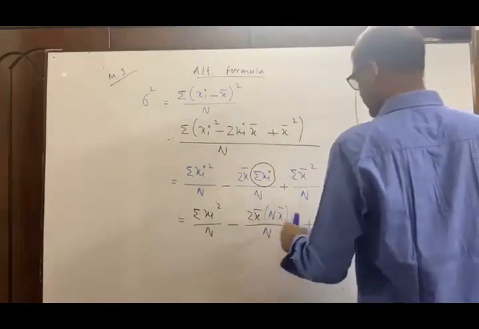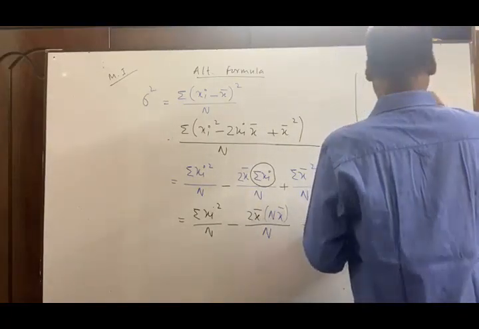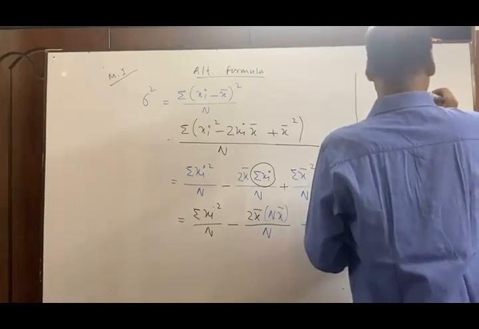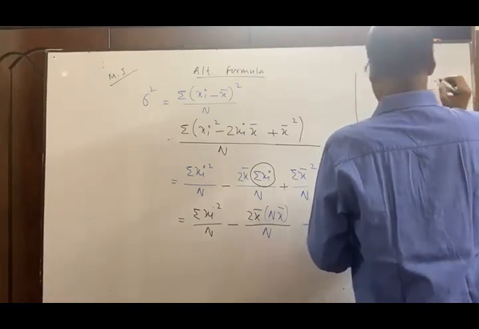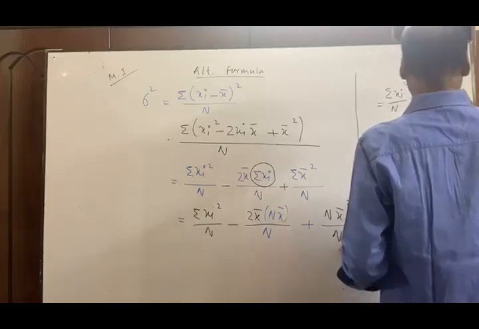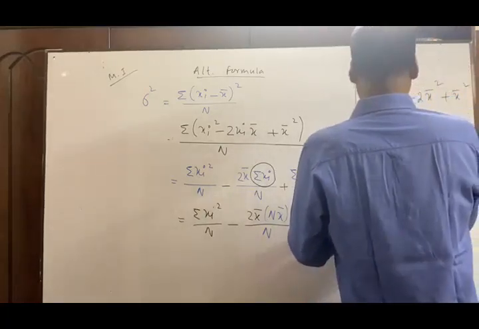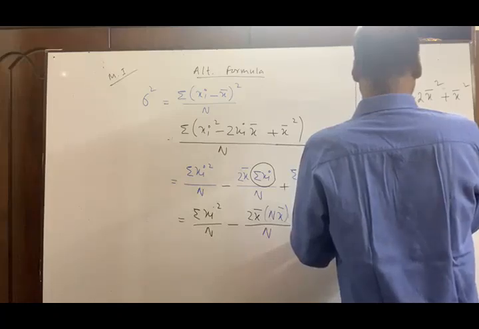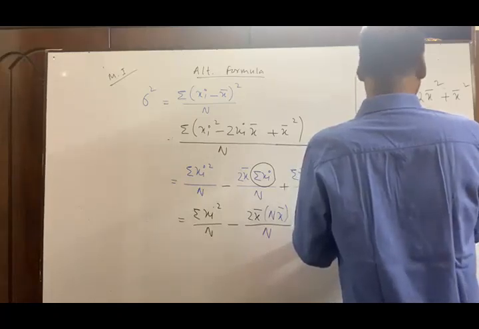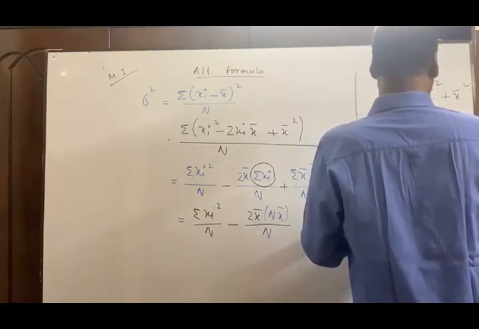So we will get here 2x bar minus 2x bar square. Here n will be omitted, plus x bar square. That means summation xi square by n minus x bar square.